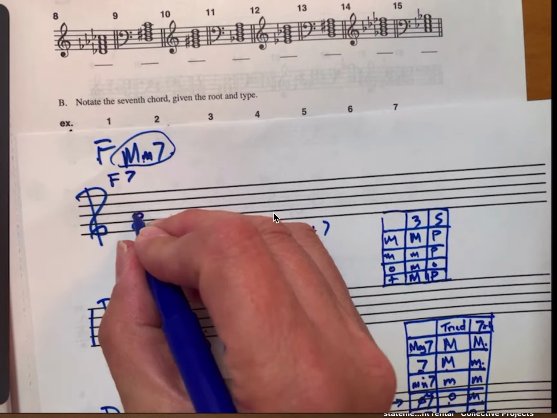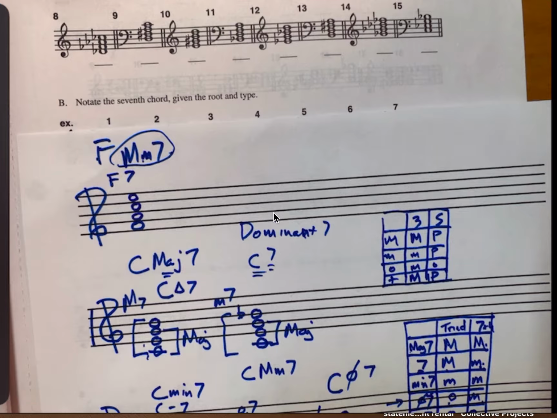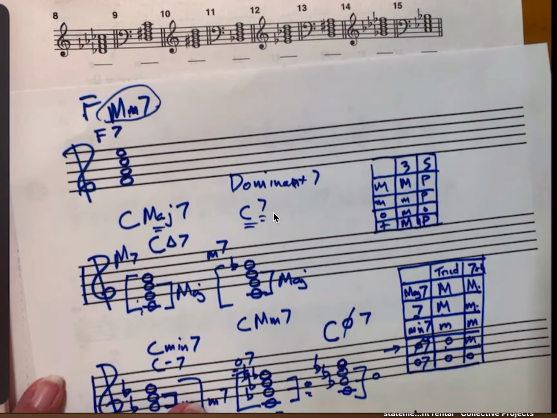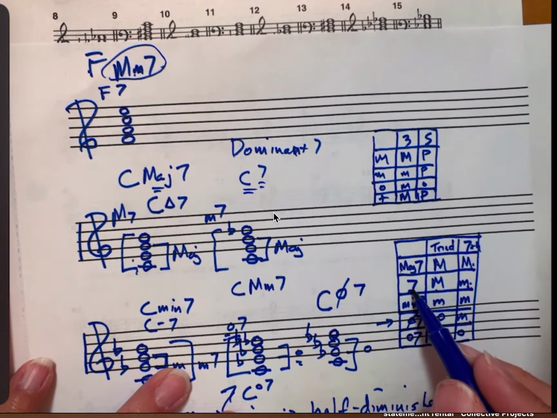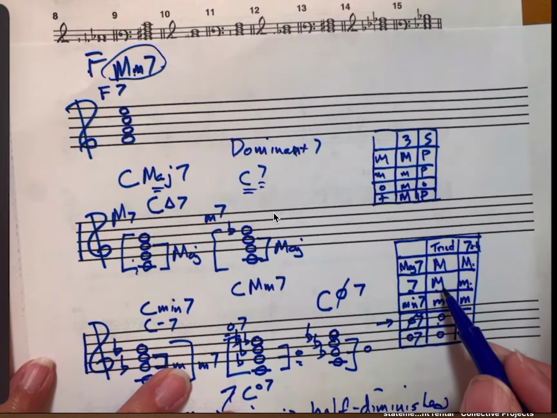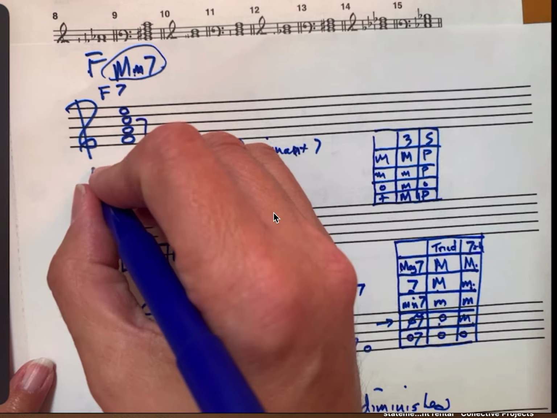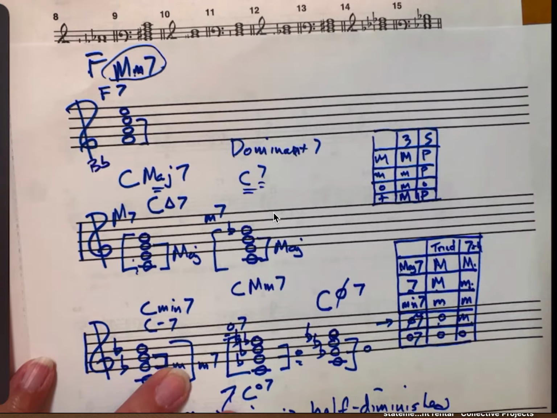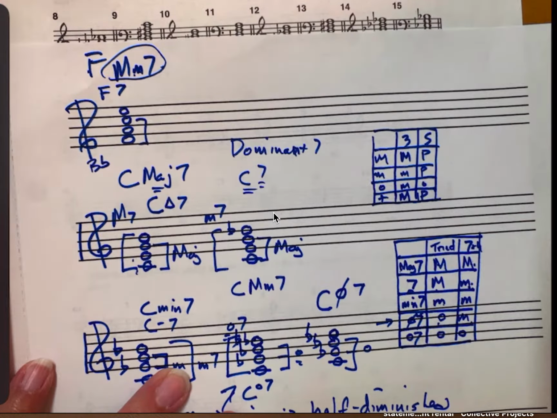Step number 1. We get the 3rd, 5th, and 7th. And then if we look over here, we know we're going for a 7th chord, F7. We need a major triad and a minor 7th. Remember, the key signature of F is B flat, so we don't have to apply any flats to this. It's just as it is.